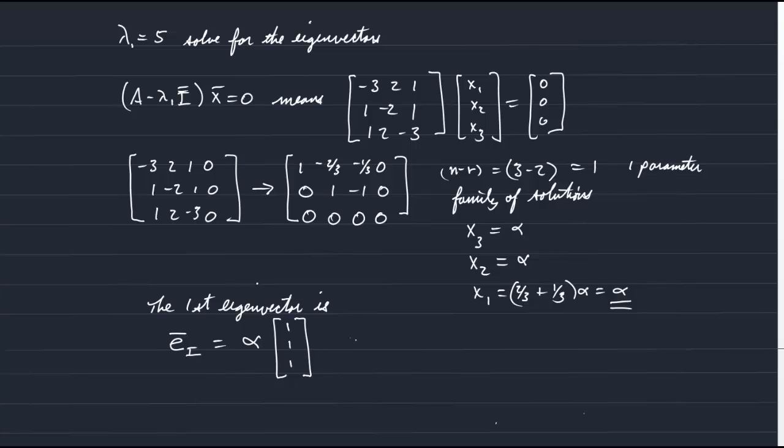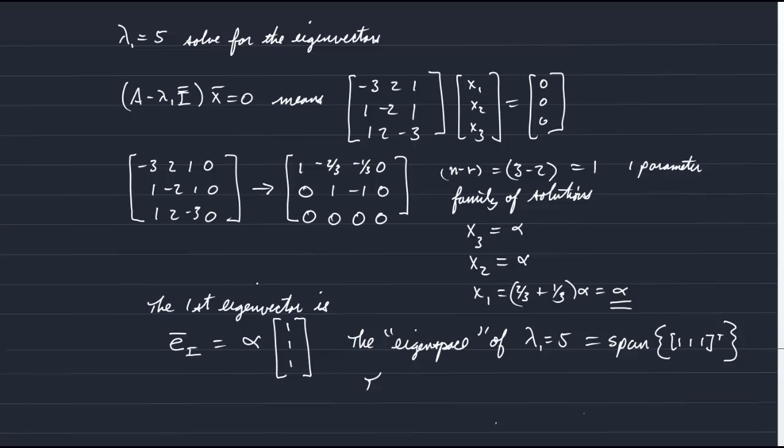And so the eigenspace of lambda 1 equals 5 is the span of 1, 1, 1 transpose. So it's the span of that one vector.